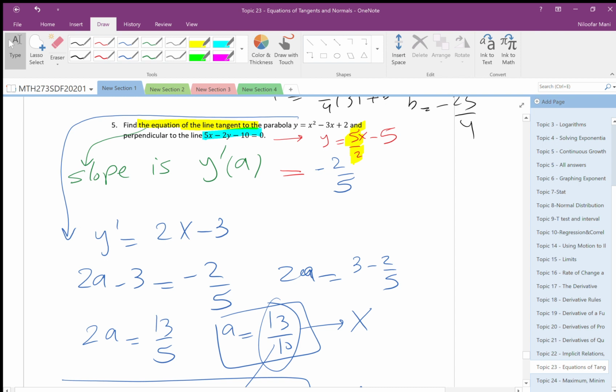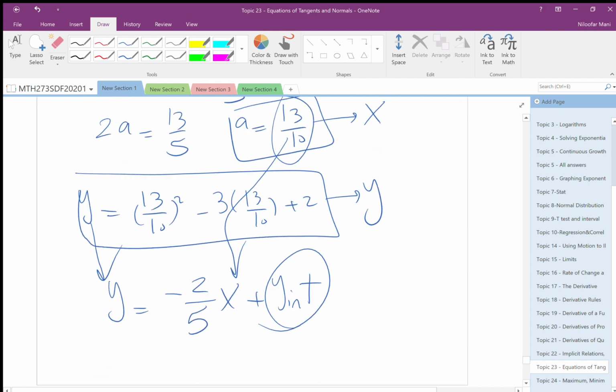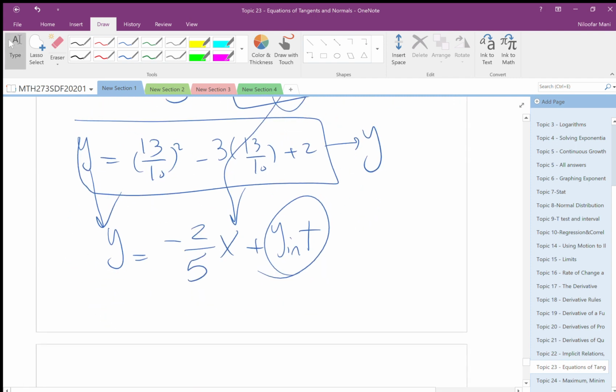From the other side, this is perpendicular to that line, so from that line I find the slope and take the negative reciprocal. That's my slope for the tangent line. Then I find x of the point, substitute into the original equation to find y of the point, and then I can write the equation of the tangent line.